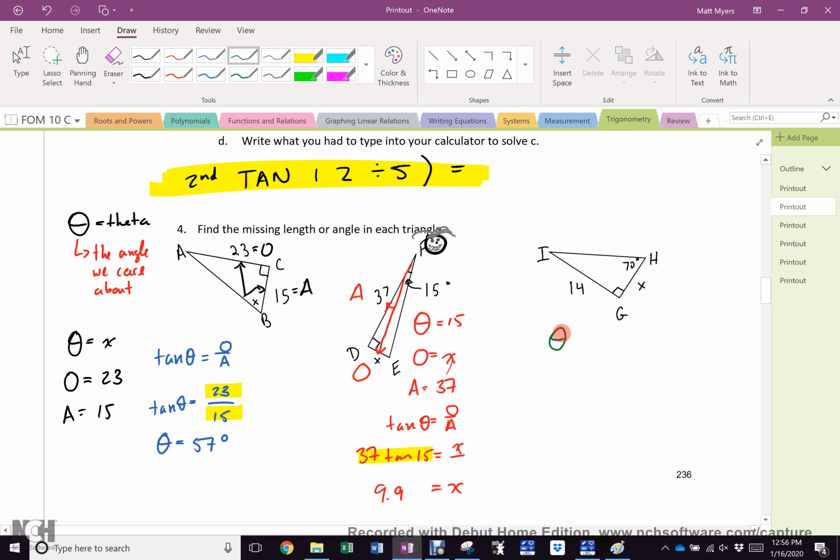Is there a theta? Is there an angle that we can care about? What is it? 70. Once I make that theta, where do I go in the triangle? Splat. What does that make that? Y. It's a cross. Opposite equals 14. What does that make that?